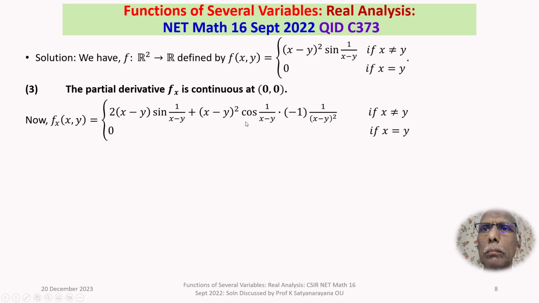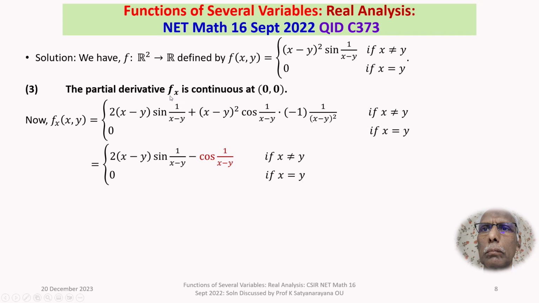That will be cos of 1 by (x minus y), and the derivative of 1 by (x minus y) with respect to x is minus 1 times 1 by (x minus y) whole square, when x not equal to y; it is equal to 0 when x is equal to y. Now (x minus y) whole square cancels out here. Then you will get 2 times (x minus y) into sine of 1 by (x minus y) minus cos of 1 by (x minus y) when x not equal to y, and it is equal to 0 when x is equal to y.